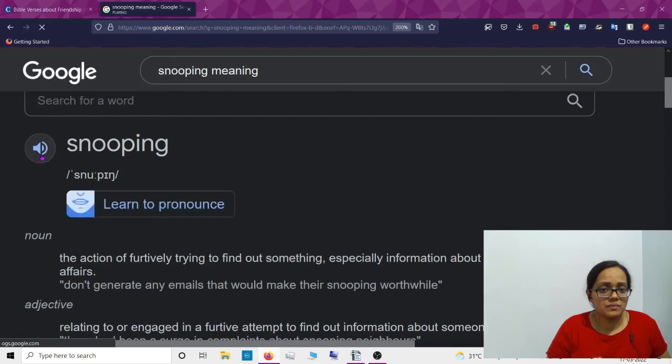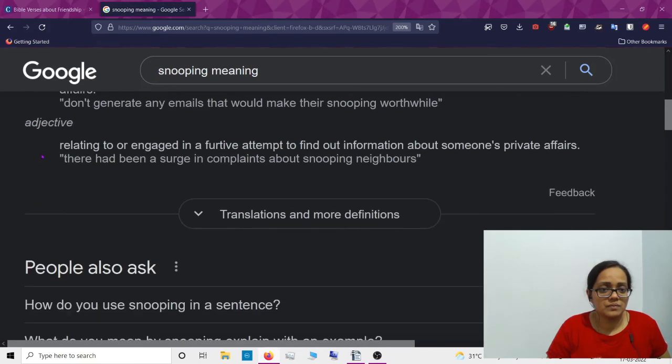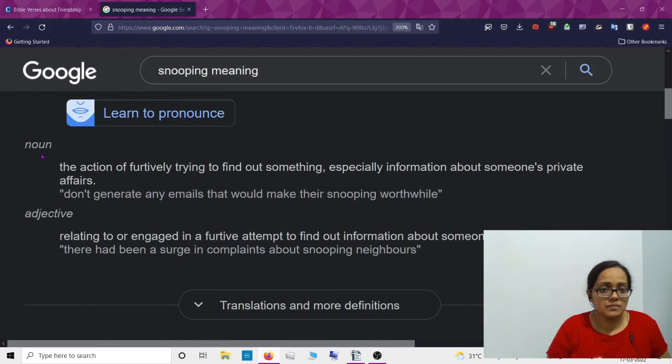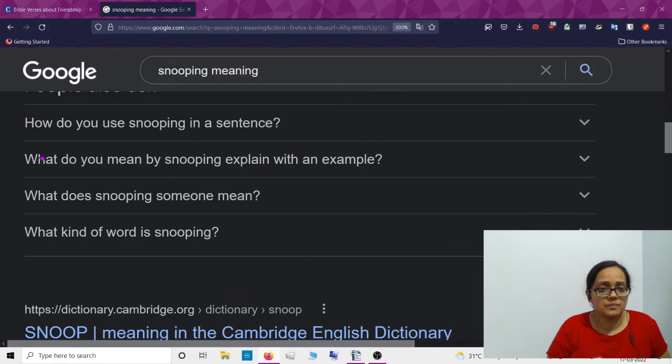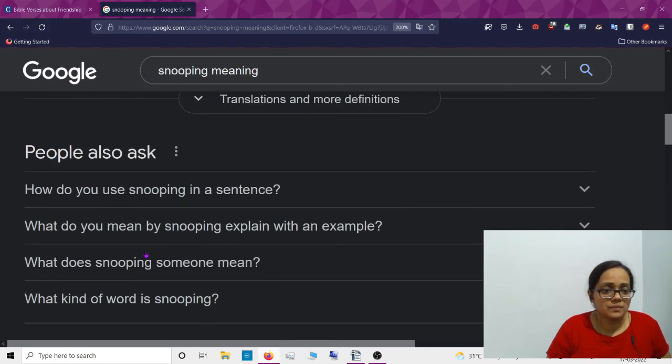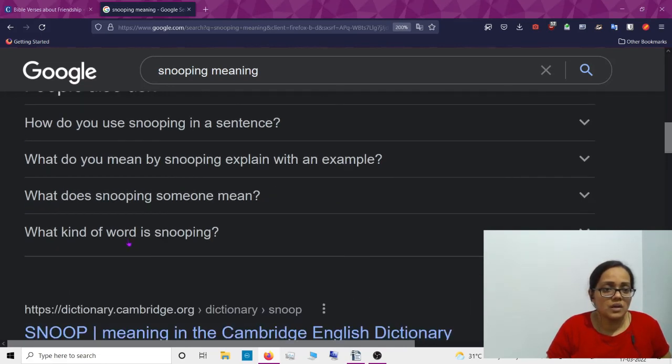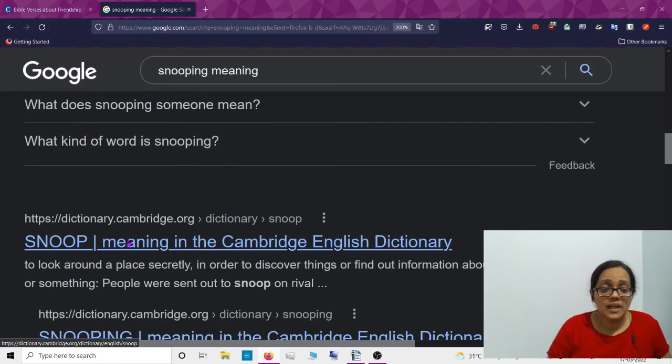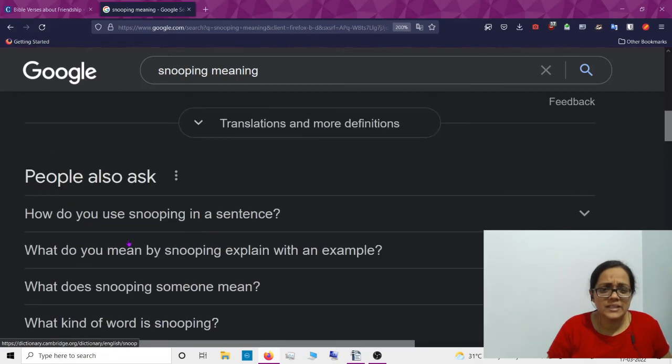Snooping. It's like some snooping companies in the passage. It's like they are trying hard to look around a place secretly, carefully trying to extract information.